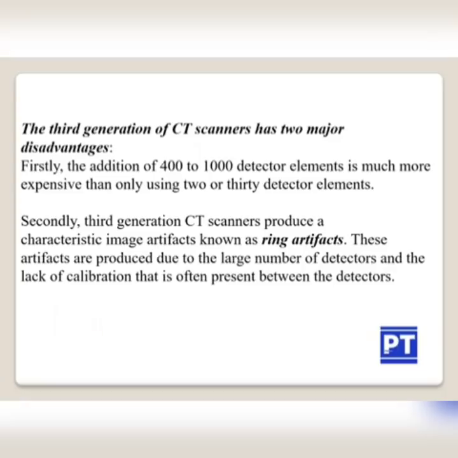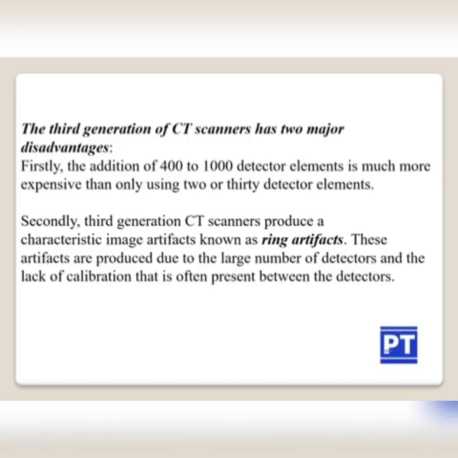The third generation CT scanners have two major disadvantages. Firstly, the addition of 400 to 1000 detector elements is much more expensive than only using 2 to 30 detector elements. Secondly, the third generation CT scanner produces characteristic image artifacts known as ring artifacts.